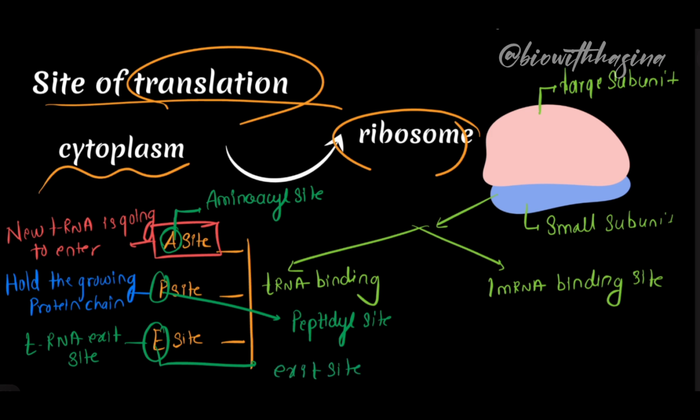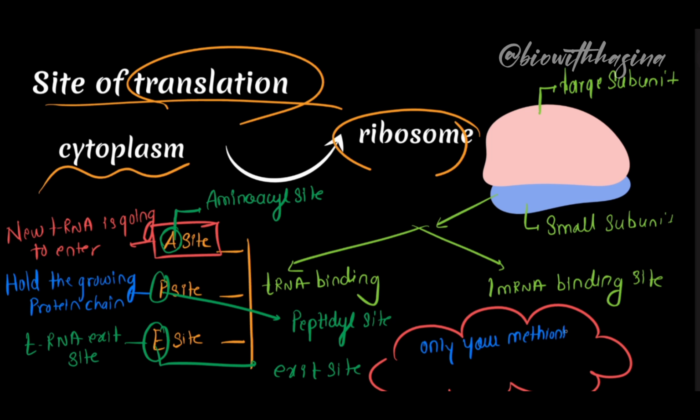To tell you one more important piece of information, only methionine, that is your start codon, is going to enter from the P site. Rest all are going to enter from the A site.